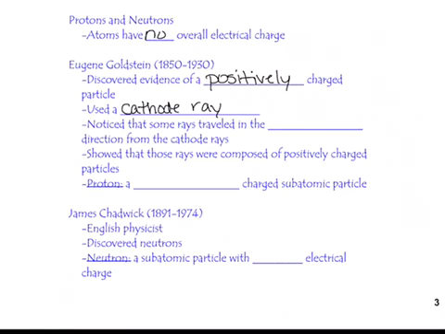And he noticed that some rays traveled in the opposite direction from the cathode. This showed that those rays were composed of positively charged particles. And so this comes about the proton, the positively charged particle. Oh, let me spell it correctly for you guys.